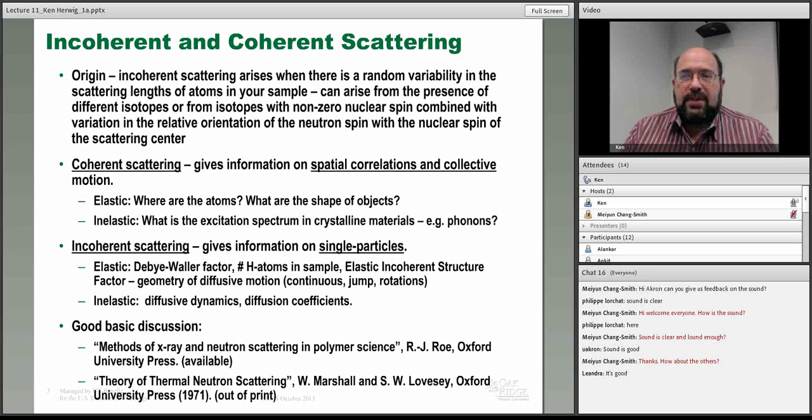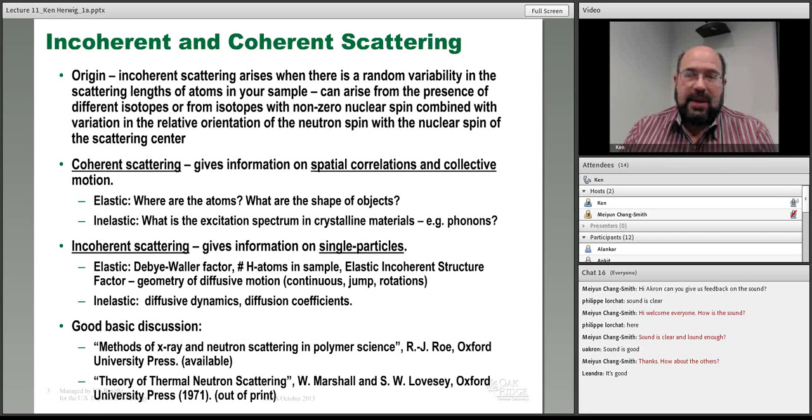For coherent scattering, you're getting information on spatial correlations and collective excitations in motion. For elastic coherent scattering, that is where the neutron has not exchanged any energy with the sample, it answers the fundamental questions of where the atoms are, and in powder diffraction, what their arrangement is with respect to one another. For SANS, what the shape of the objects is and those types of things.